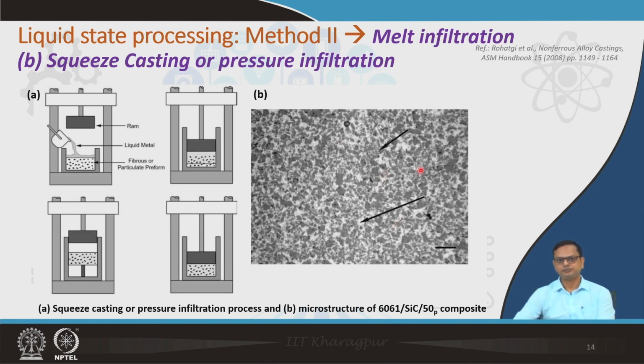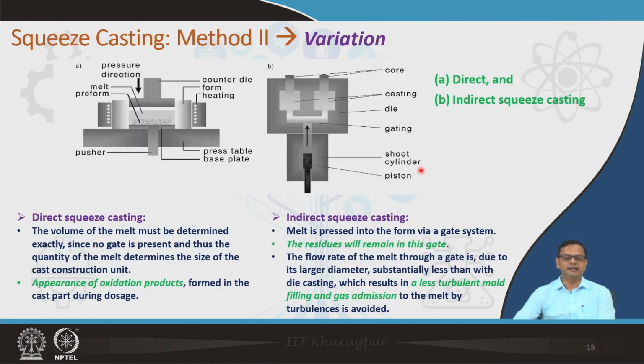And squeeze casting has different variations. It could be direct squeeze casting or indirect squeeze casting. The difference is that in indirect squeeze casting there will be a gating system through which multiple preforms could be infiltrated. In direct squeeze casting it goes directly into one preform.